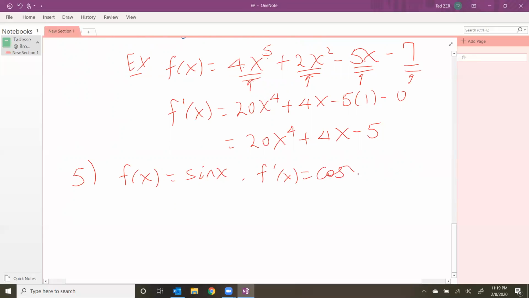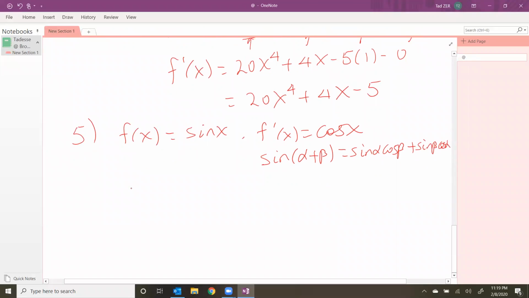Cos x. The proof is, just use the definition of derivative, and then you have to remember this: sine of alpha plus beta is nothing but sine alpha cos beta plus sine beta cos alpha. That's what you have to use in the proof. Other than that, it's straightforward.